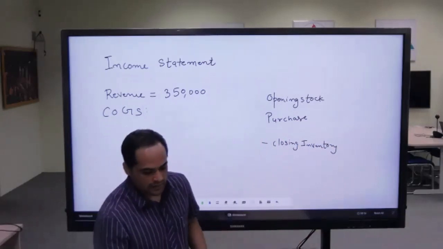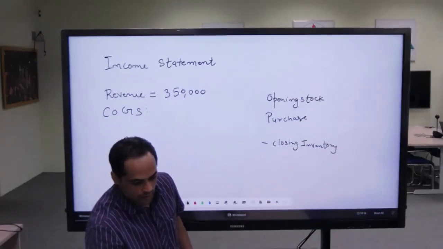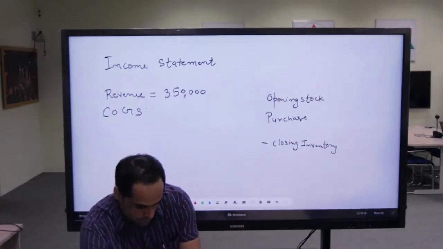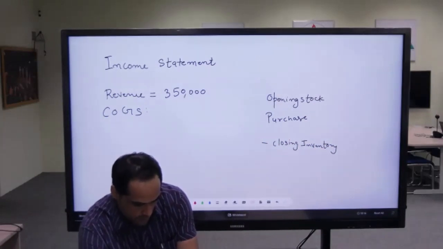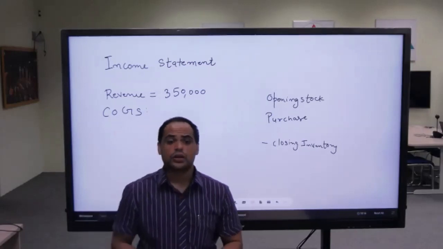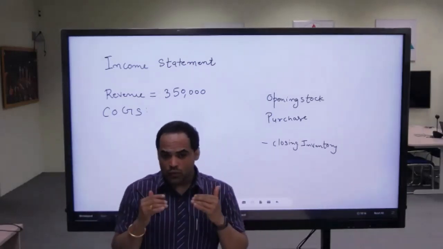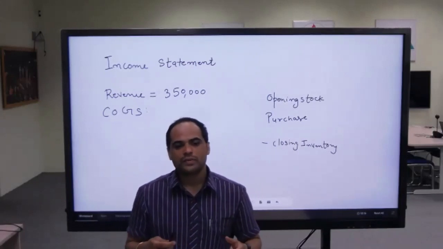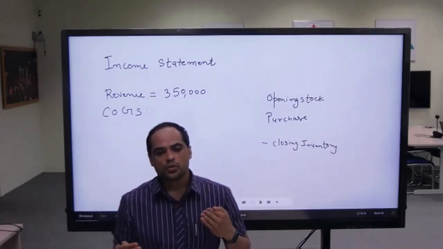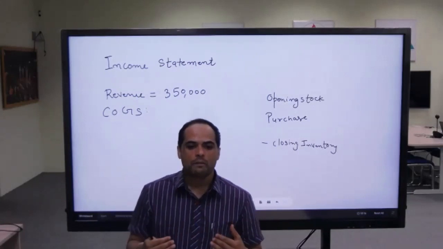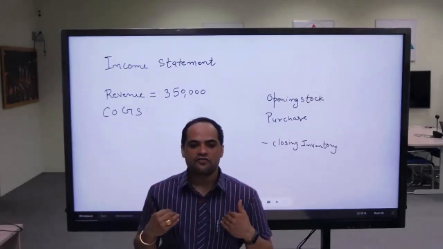In your assignments, you have information about the carriage inward. Now, what does carriage inward mean? Carriage inward means whatever money we spend to bring raw material inside the factory.